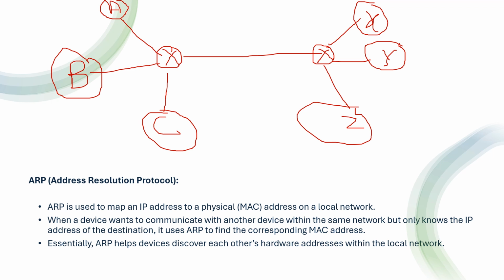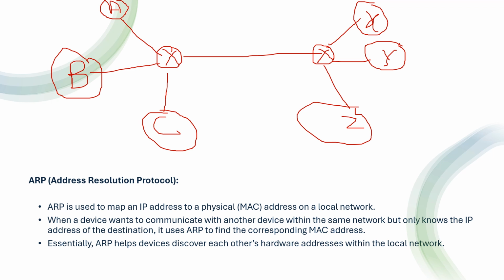Since it broadcasts the packet, when C gets the packet and sees its IP address, it replies back using its source IP address and MAC address. C replies to A with a MAC address, and thus host A gets the MAC address of C.